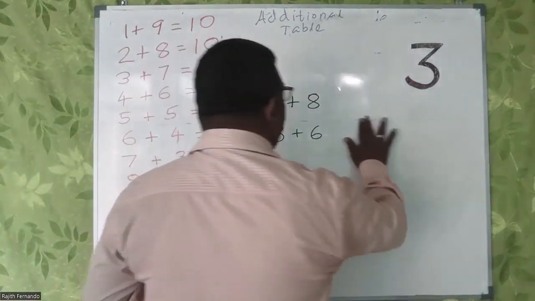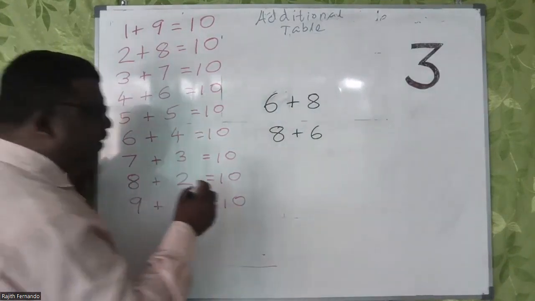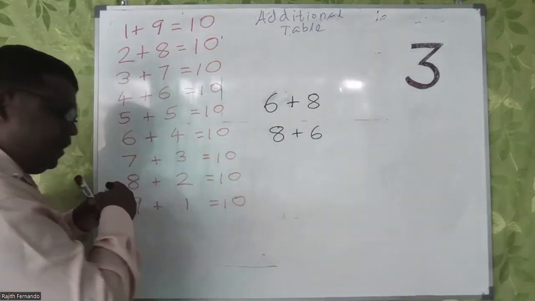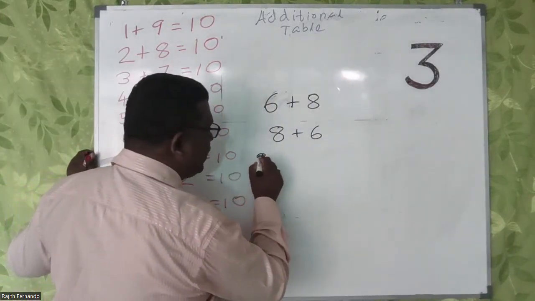Then how can you do it? I will write it down with some dots. Imagine there are 8 apples.